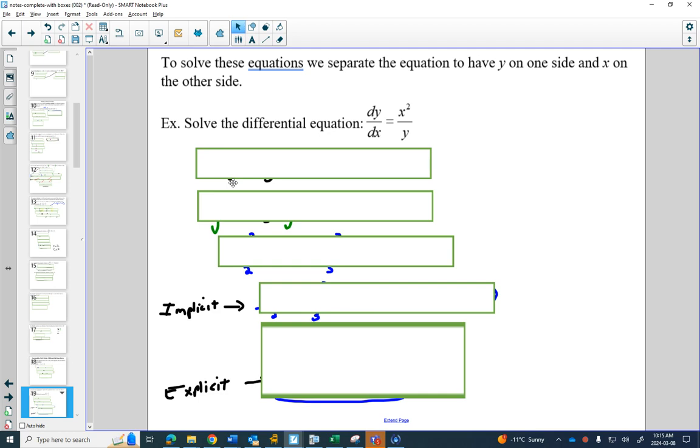So let's say you had a differential equation with x squared and y. What we're going to do is get the y on one side and the x on the other, and we're also going to play around with the dy/dx.